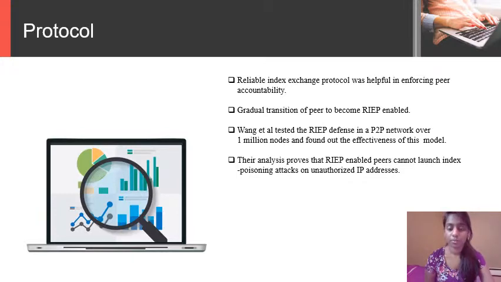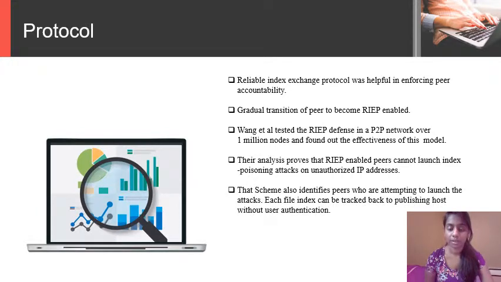Their analysis proves that RIEP-enabled peers cannot launch index poisoning attacks on unauthorized IP addresses. The scheme also identifies peers who are attempting to launch the attacks. Each file index can be tracked back to the publishing host without user authentication. From the overall analysis, it is clearly shown that RIEP effectively reduced the attack traffic towards the victim.